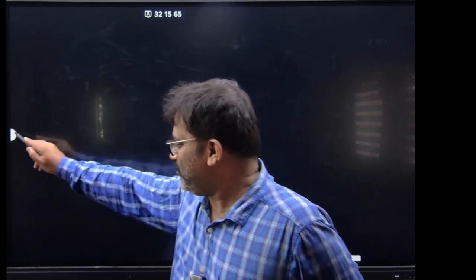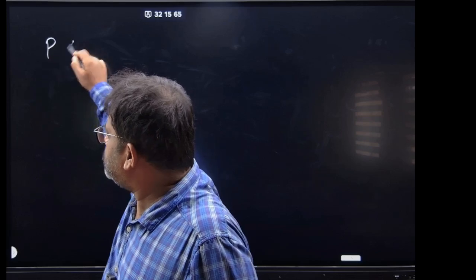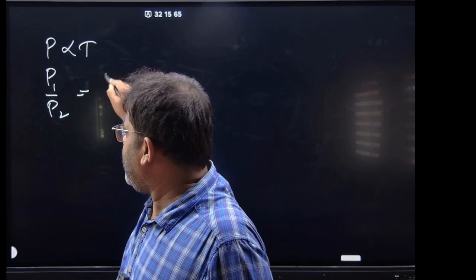Yes, so now let's go for the solution of it. Okay, so pay attention here. There is a gas inside the closed chamber, which means that volume is constant. Volume is constant means P is proportional to T, or we can write this as P1 by P2 is equal to T1 by T2.